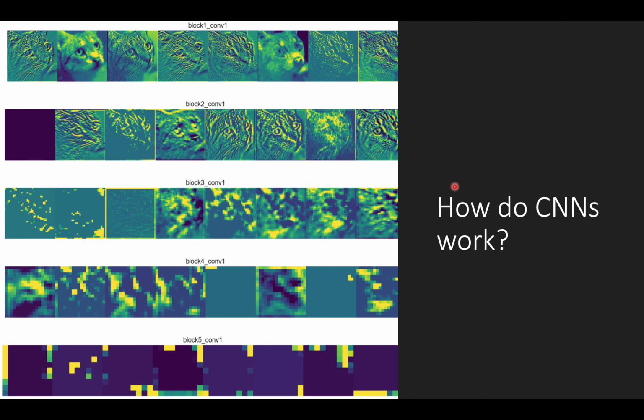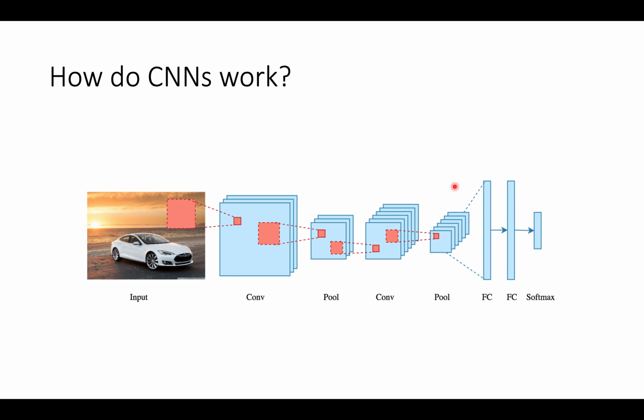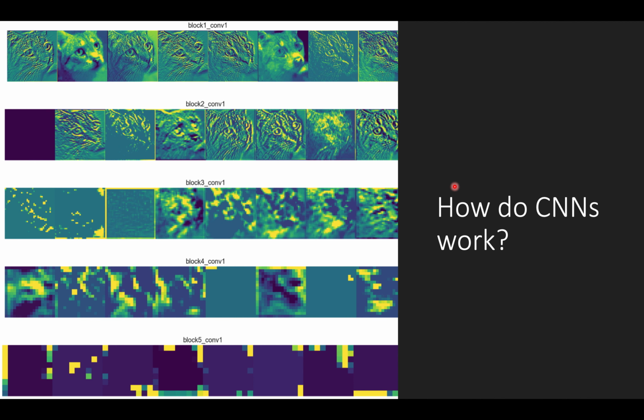So if I want to give a bit more perspective into convolutional networks, as you saw, we have several different layers. The first layer, the bottom layer of a CNN, usually detects basic features such as horizontal, vertical, or diagonal edges.